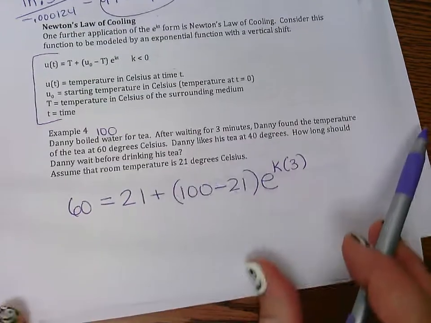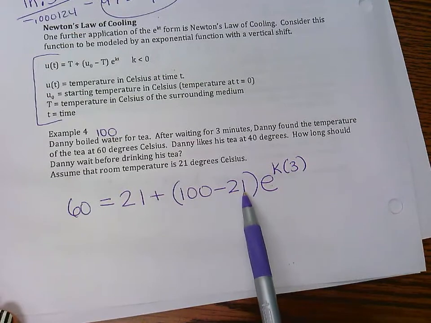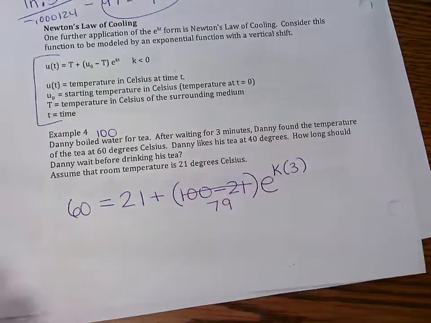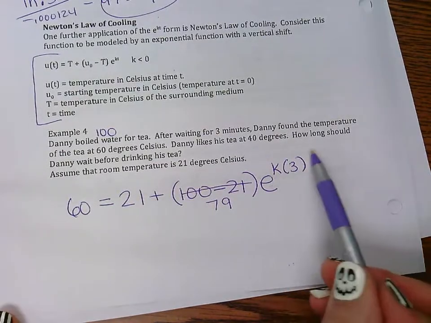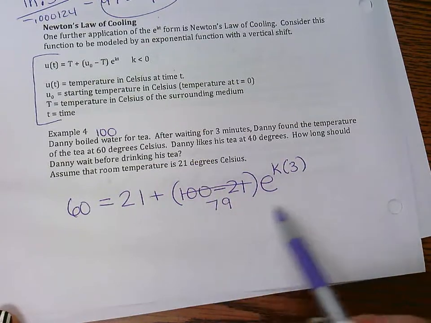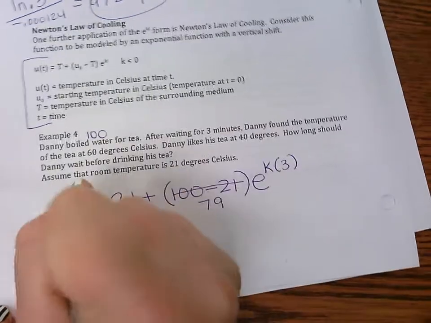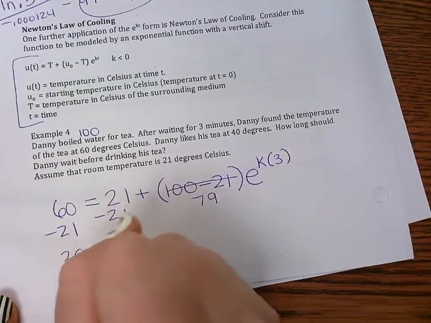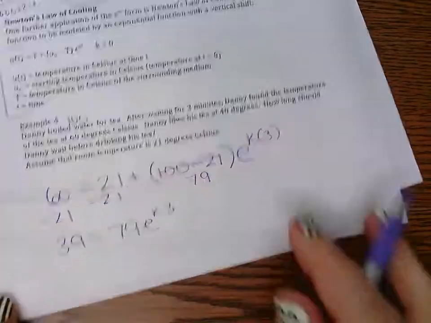So order of operations, 100 minus 21 is 79. And to solve for k by itself, I need to get this exponential part by itself first, the 79 e to the k times 3. So I would subtract this 21 to the other side to start with. So I have 39 equals 79 e to the k times 3.